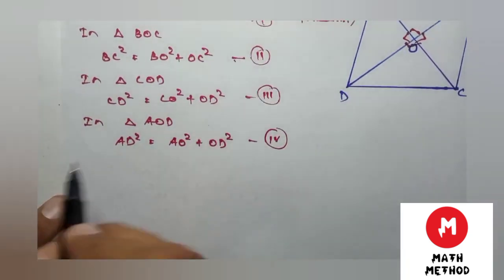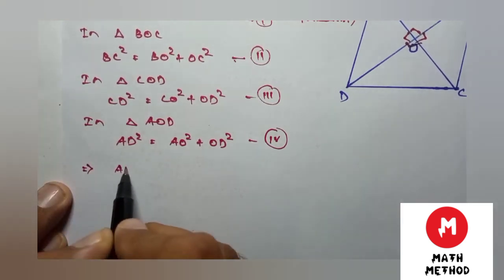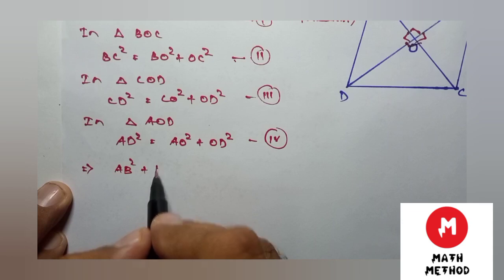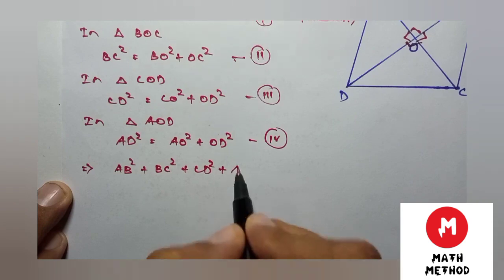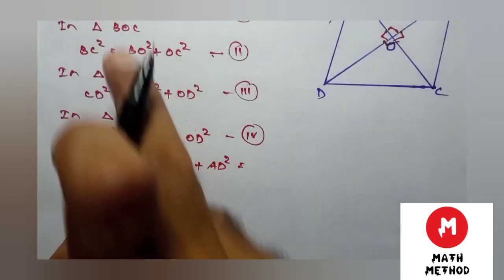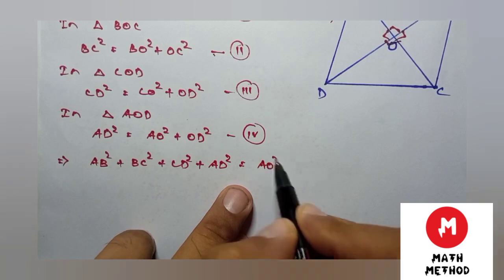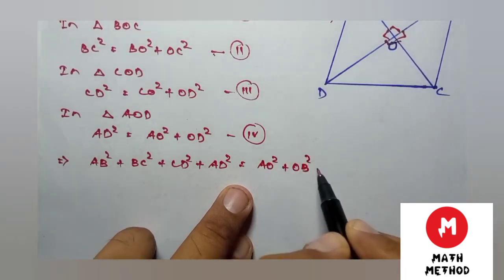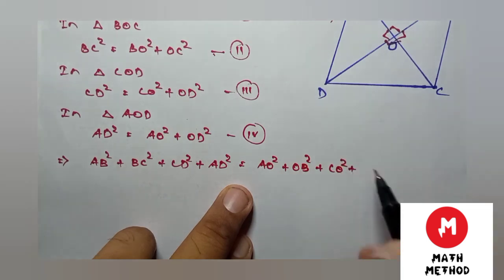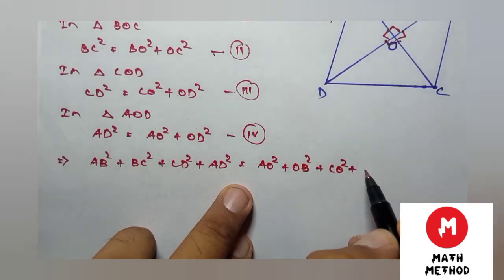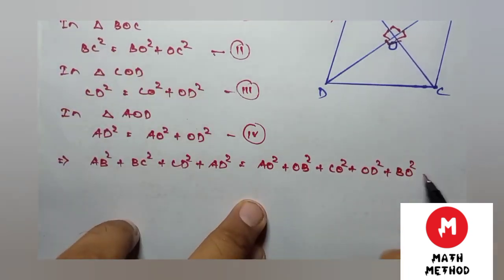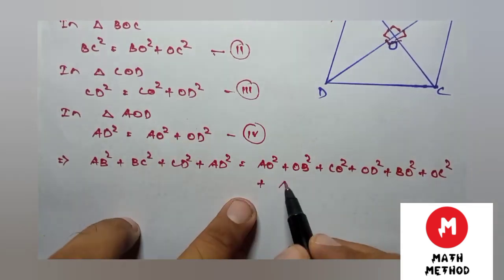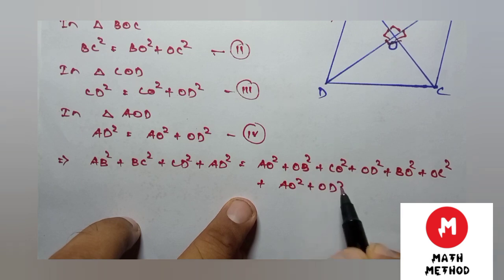So we will get AB square plus BC square plus CD square plus AD square is equal to AO square plus OB square plus BO square plus OC square plus CO square plus OD square plus AO square plus OD square.